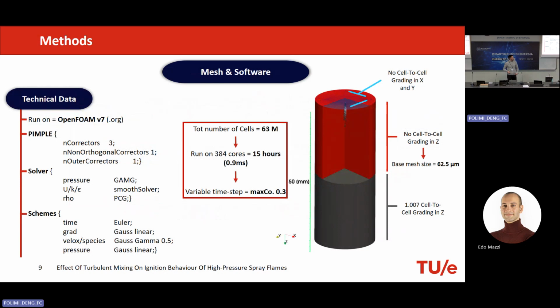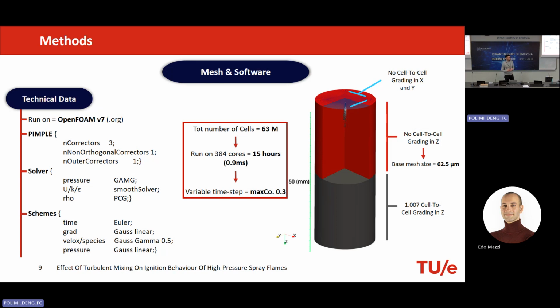Then, as mesh and software, we are using the OpenFOAM-v7.org version. I'm not going to bore you with all the schemes and the solvers. We are using second order schemes basically. And the most important thing to consider is that we are using a very refined mesh.